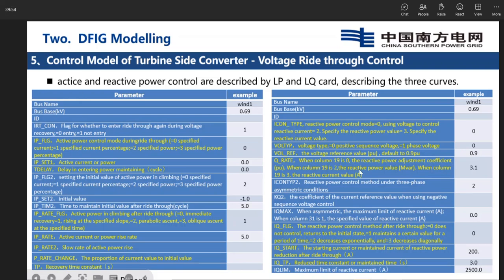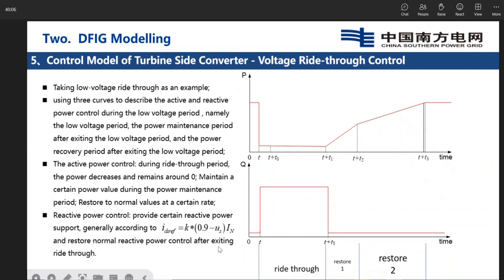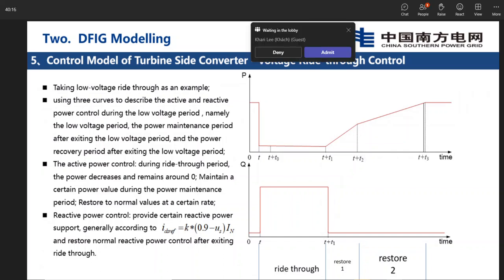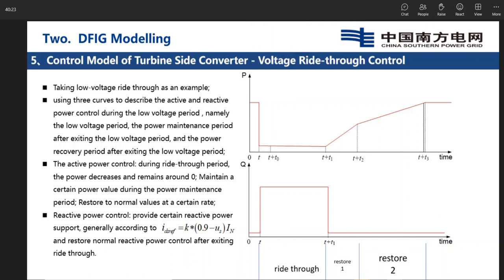another important parameter is the reactive power adjustment coefficient. These parameters correspond to these equations. K means the coefficient, and 0.9 means the gate, and US means the voltage of the DFIG when fault occurs.